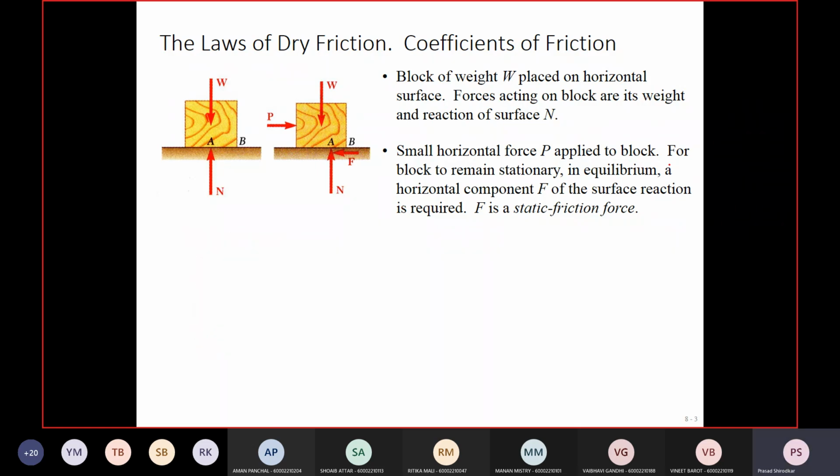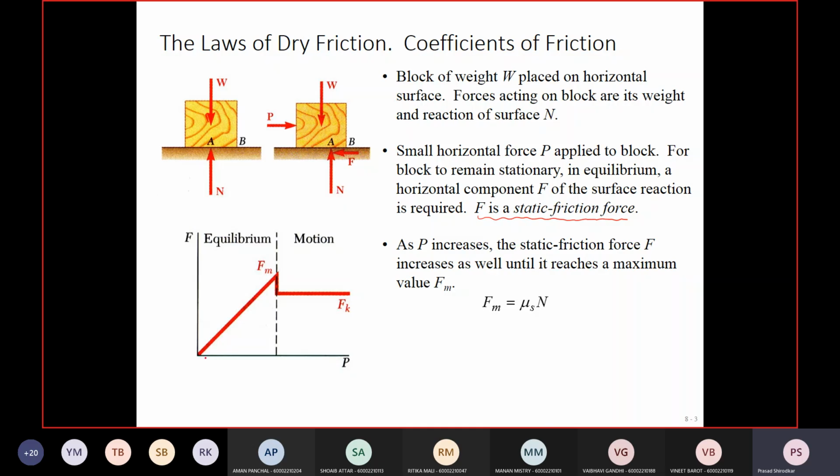The block will remain stationary as long as it is in equilibrium, and P will be equal to F. F is the surface reaction in the horizontal direction, and that F is called the static friction force. Now, what happens when P increases?